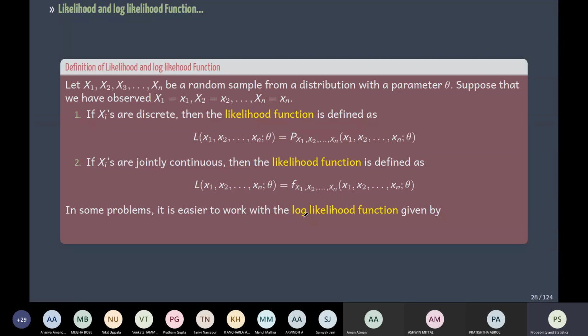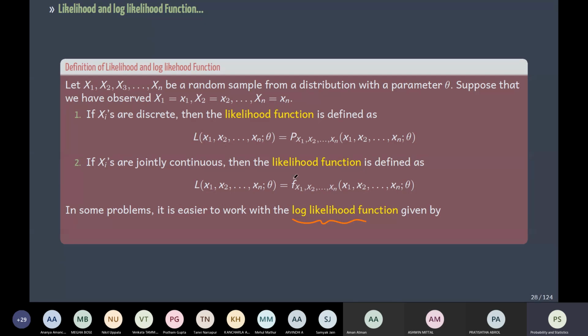So it's just a tool you can think of, that sometimes you will maximize the log of the likelihood rather than the likelihood itself. Finding a maximum of a log of a function is sometimes easier than the function itself. That's the idea here. And our whole point is going towards finding the maximum likelihood.